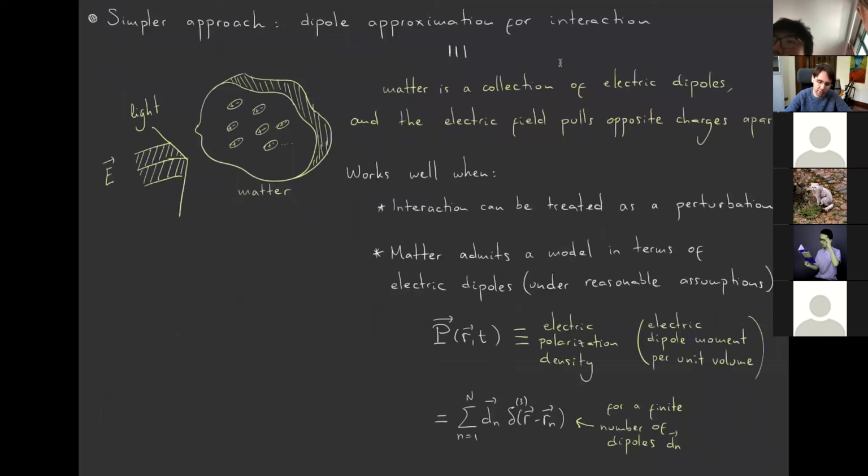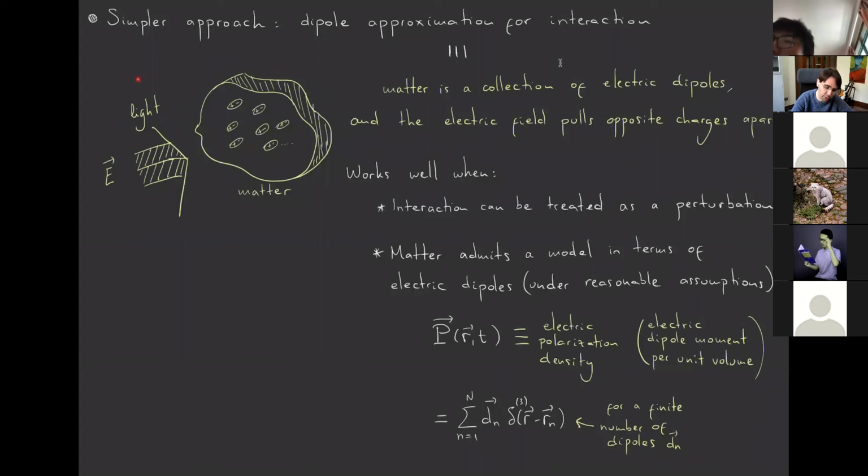The picture that we have of matter in this scenario, and in quantum optics in general, is something of the following type: we have a material that is overall neutral, and at every point you can think of it as neutral, but you know that deep down, this neutral material is built from electrically charged constituents, and maybe they are bound, and this is why you see it as neutral.